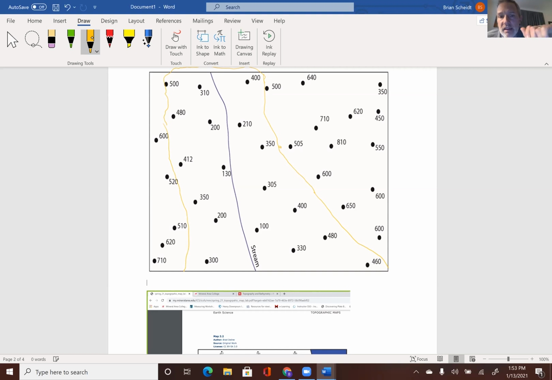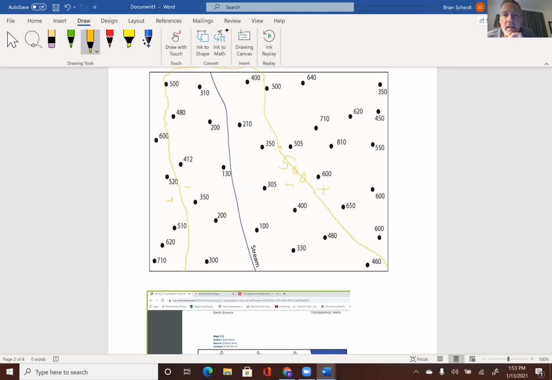And these are easy to grade because my contour line of 500 is always going to have one side of the line that's less than 500. One side of the line is going to be greater than 500. If that line wraps around, we can see that this is the positive side, this is the negative side.